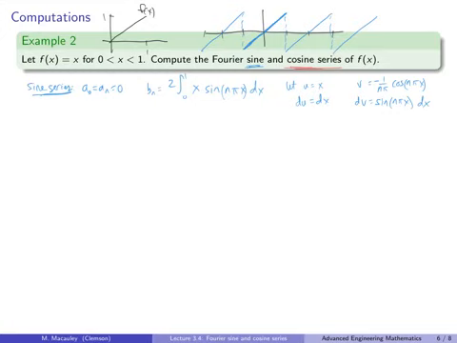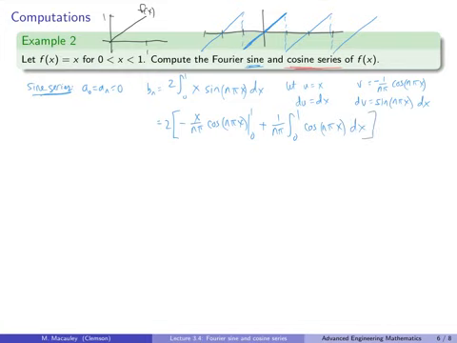This is equal to 2 times u times v, so that's negative x over n pi cosine of n pi x evaluated from 0 to 1, minus the integral of v du. So minus negative, let's make that positive. And let's put the 1 over n pi out in front of the integral because I like doing that. And we get the integral of cosine of n pi x dx.